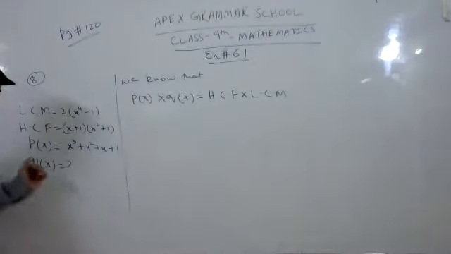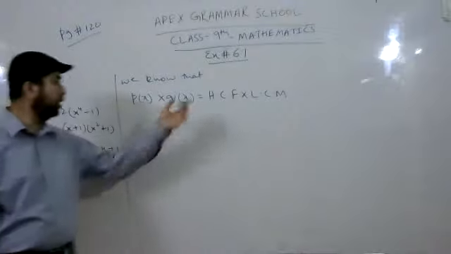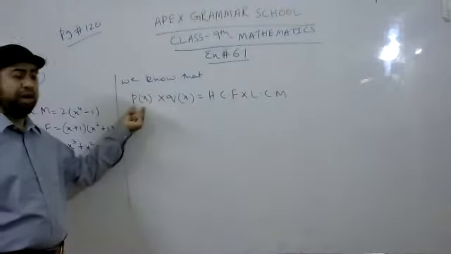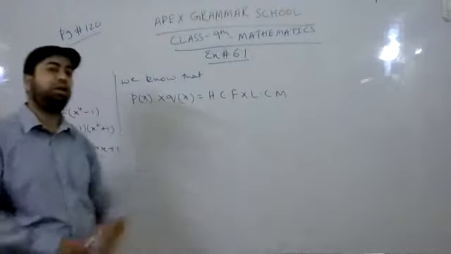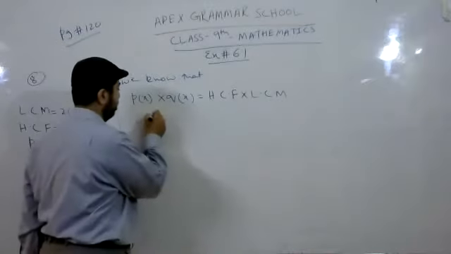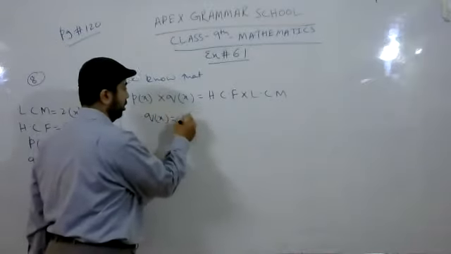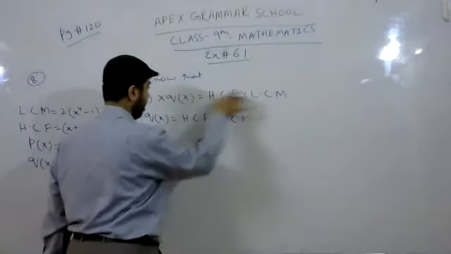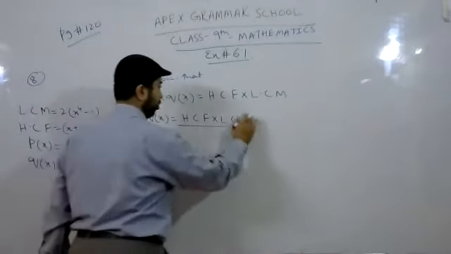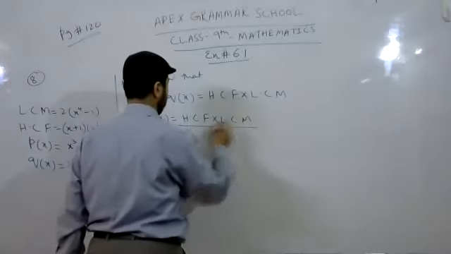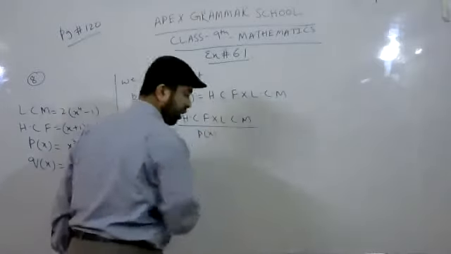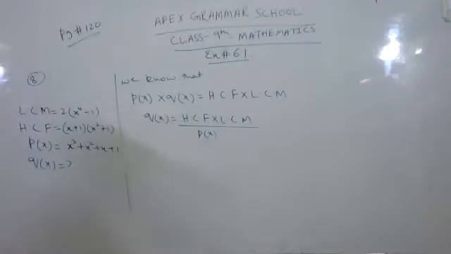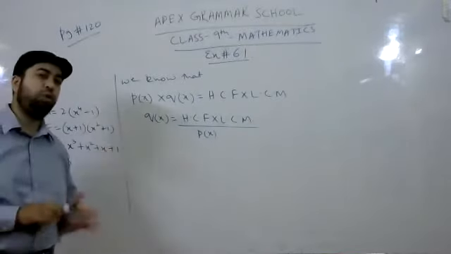Now, to find the value of Q of x, this P of x is multiplying and will be going to divide on the other side of equality, multiplied by LCM here, and P of x will be going to divide there. Now we can easily find the polynomial, that is Q of x.